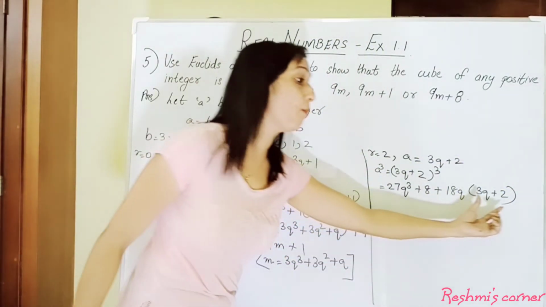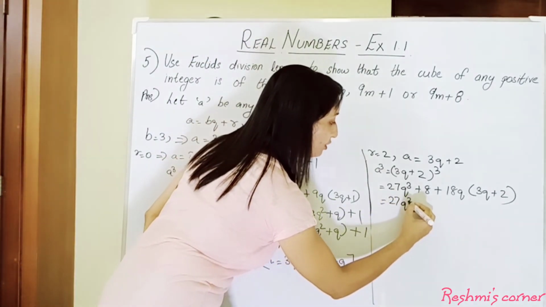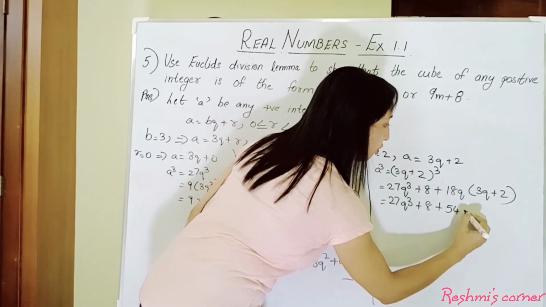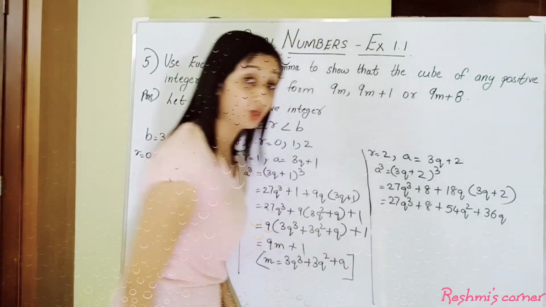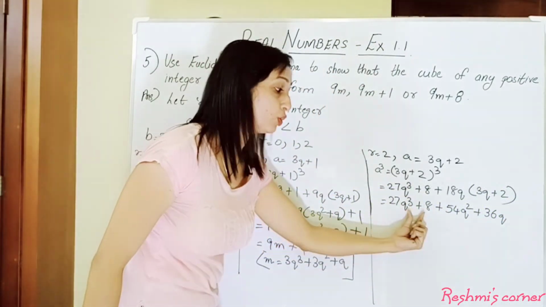Now we are going to open this bracket. So what do we get? We get 27q cube plus 8 plus 54q square plus 36q. So from here we can take 9 common excluding 8.